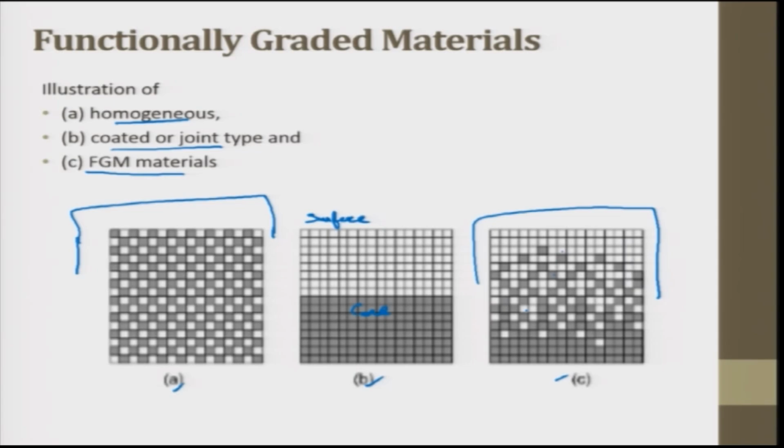So, functionally graded materials are the third option. They have gradually varied composition between different constituents. You can see the composition between the white and the black boxes, which are different materials, is varied gradually.